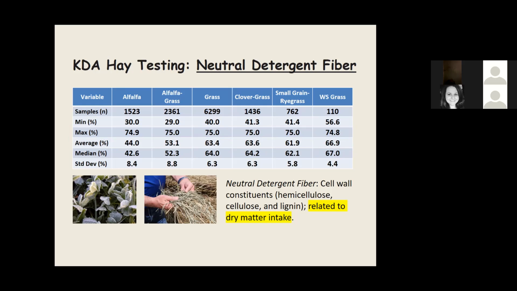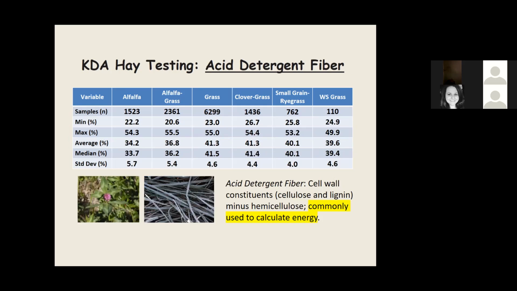And just think about this when you're wanting to compare a hay. A good alfalfa hay has 20% crude protein, 30% ADF, and 40% NDF. And that is a really good hay that's going to get you the kind of nutrients you want for your animals. Next slide, please.